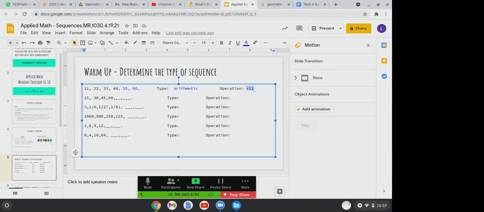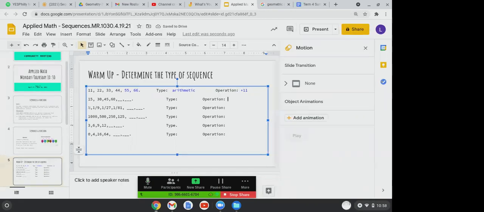Yep. So again, because we are adding 15, we know that our type is arithmetic. So what does that mean? What are the next two terms?